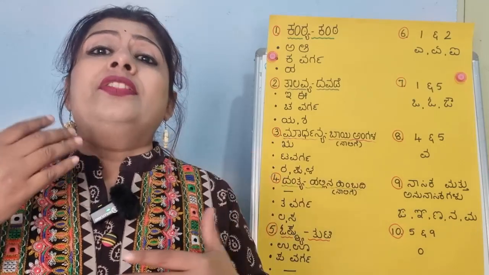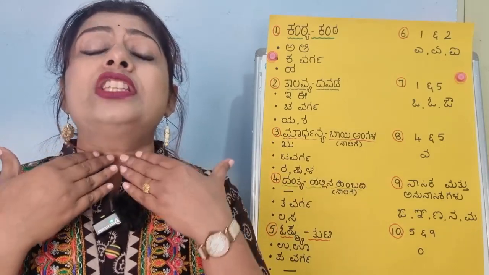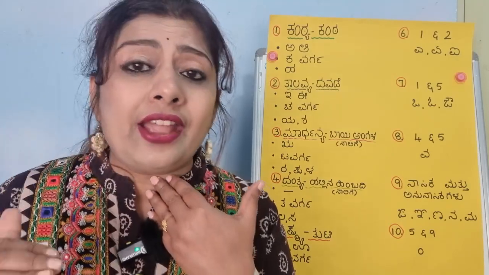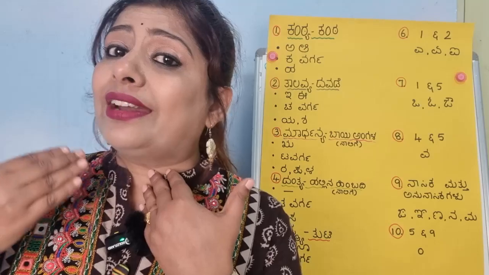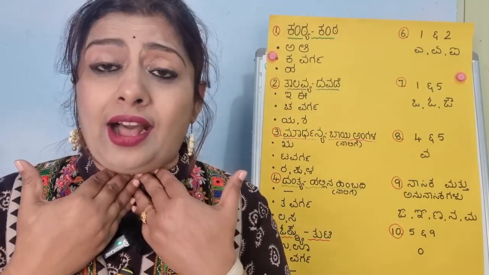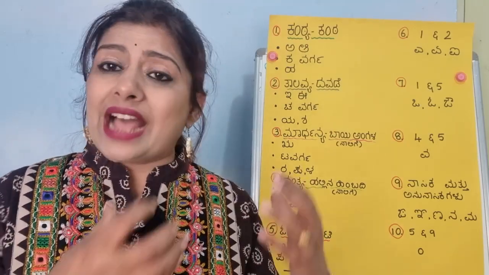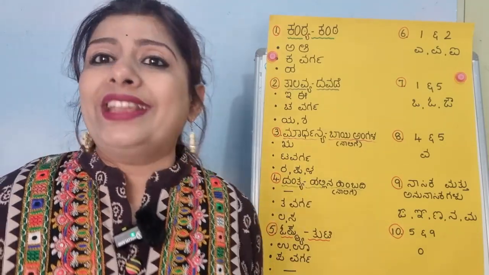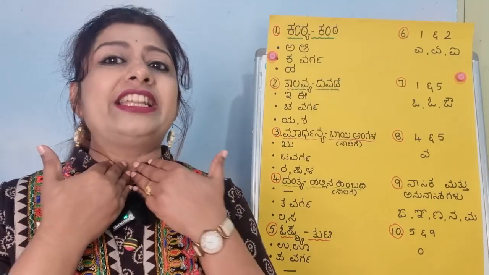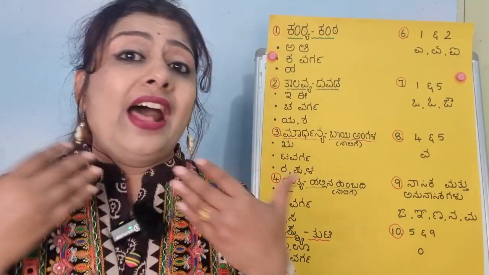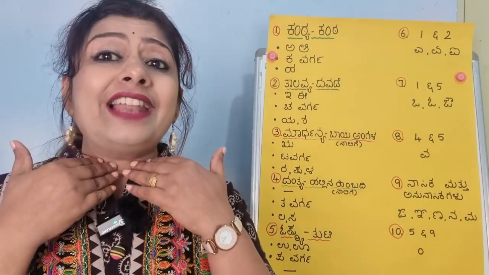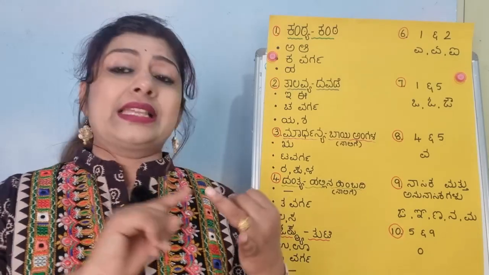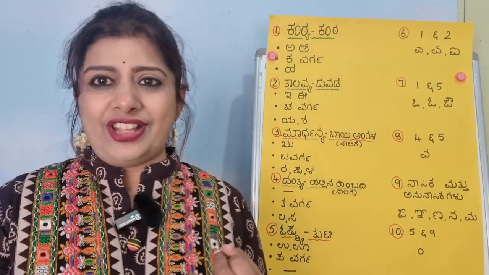From here, the first position from which sounds come is the throat, and we call it Kantya, which in Kannada is Kantha. Most of the terminologies are Sanskrit or resemble Sanskrit terminology, but we can clearly understand what Kantya means. Three sets of letters come from this place: some from swaras, some from vargeeya vyanjanas, and some from avargeeya vyanjanas.